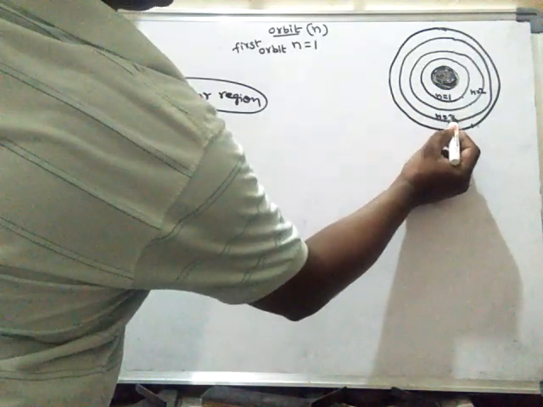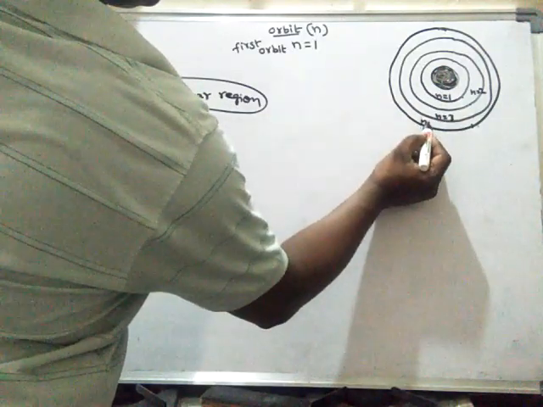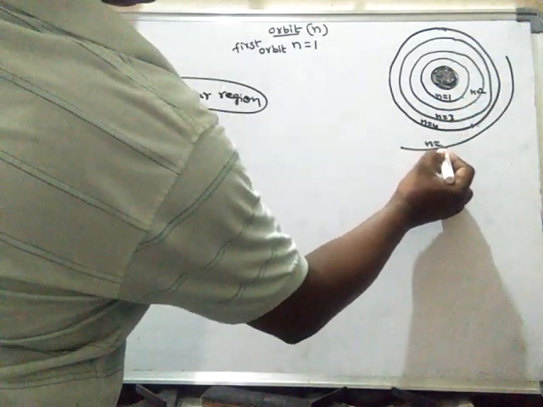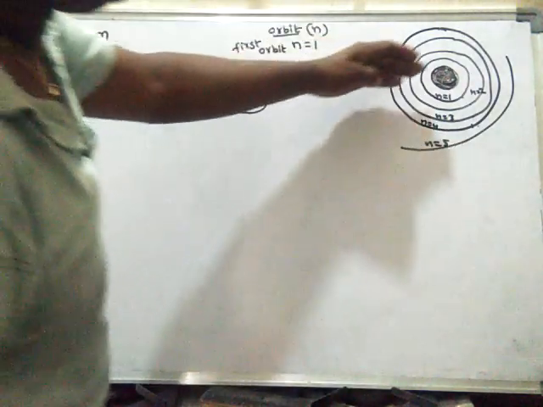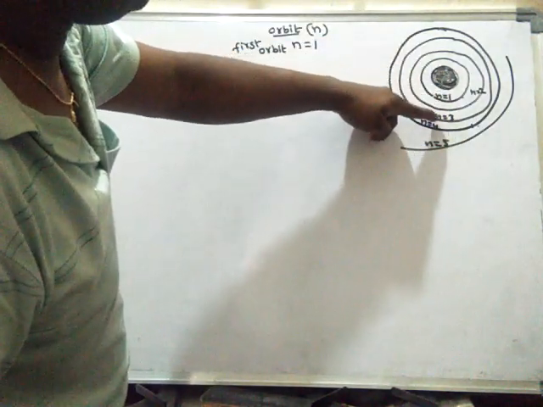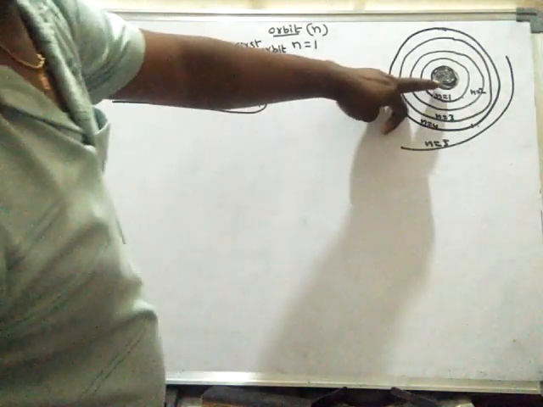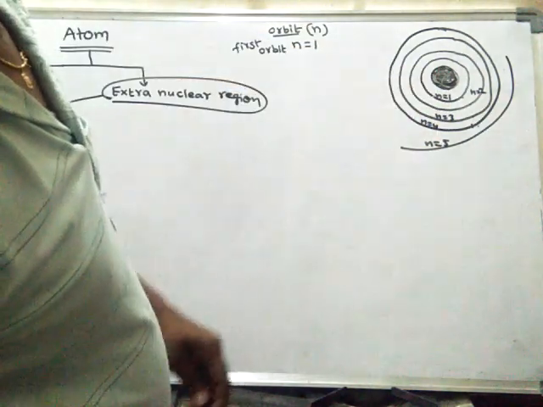This is n equal to 3, the third orbit. N equal to 4, the fourth orbit. This is n equal to 5. As we move away from the nucleus, the orbit number will increase. Like this, around the nucleus you will find orbits.